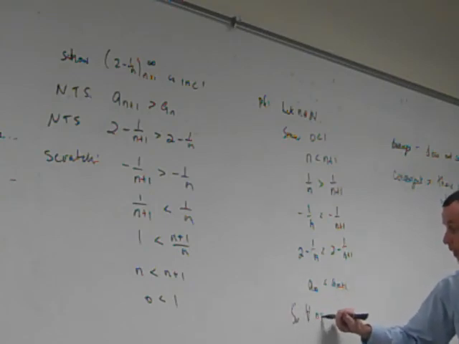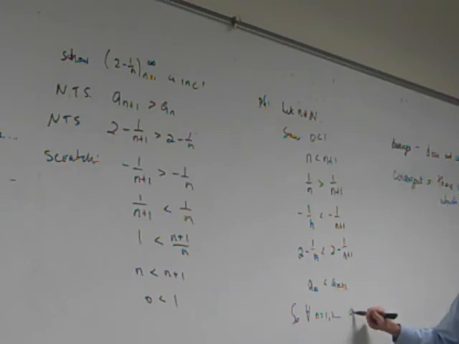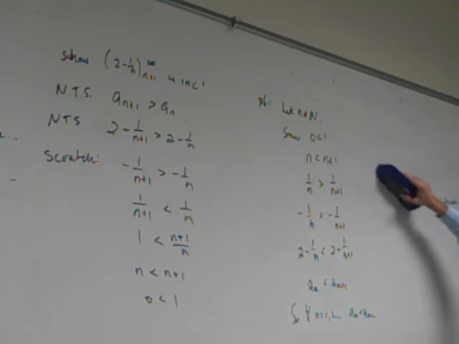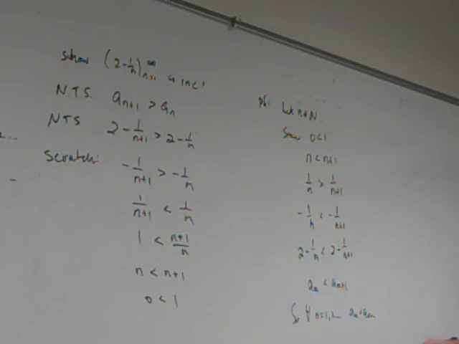Here's my little symbol: for all n equals 1, 2, dot, dot, dot, a sub n is less than a sub n plus 1. Okay. I'm hoping the proofs are sinking in, what has to be shown to show it's increasing, decreasing, or a lower bound.